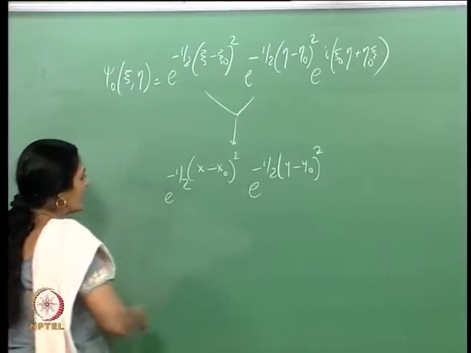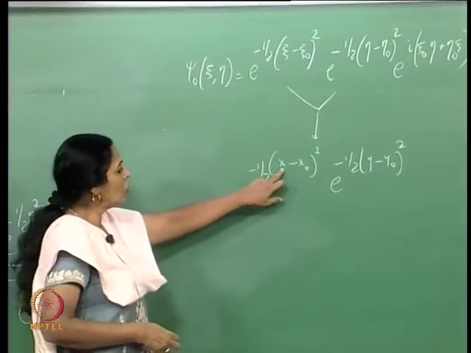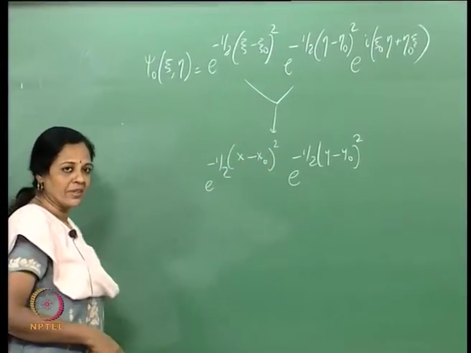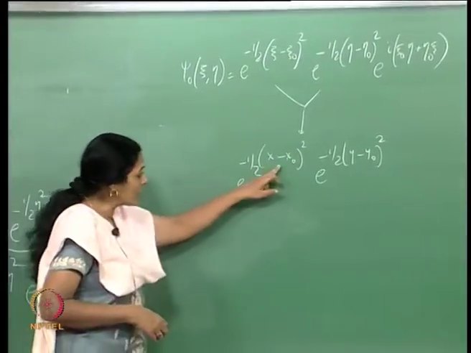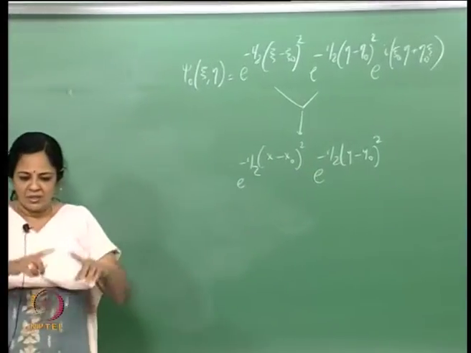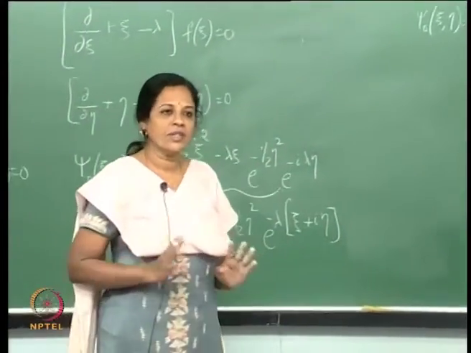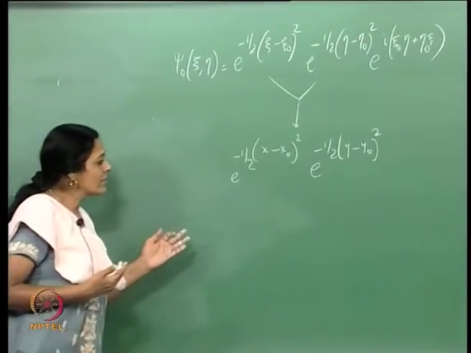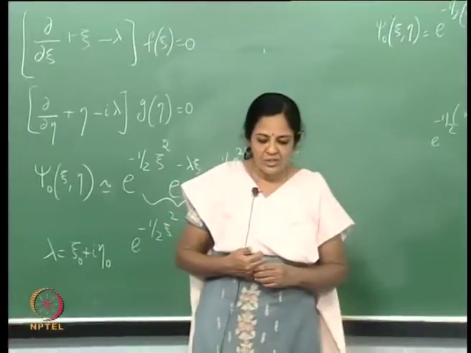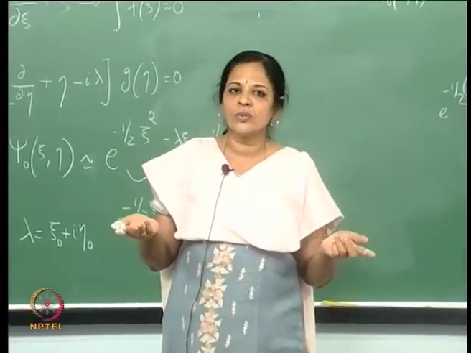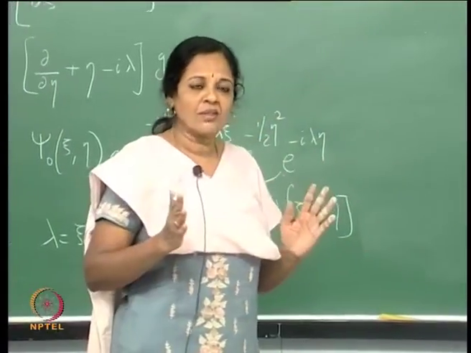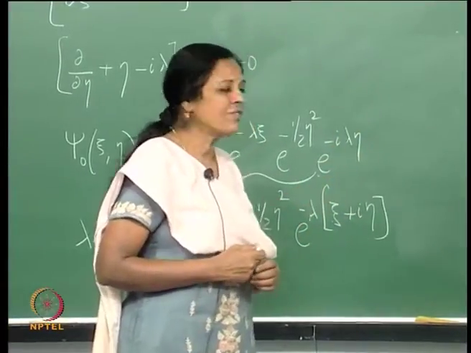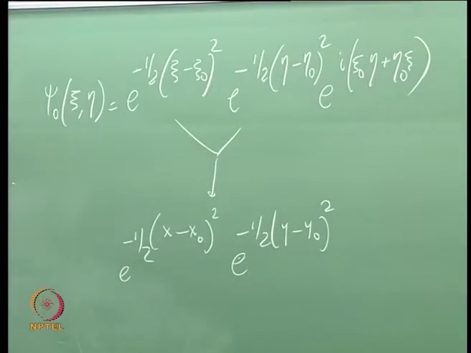So now if you look at the xy plane, the solution only depends on the distance x minus x naught the whole squared, that distance from x naught comma y naught. So there is a circular symmetry that you see in this problem. One would expect it, because I know, for instance, that once I map it onto the harmonic oscillator, as far as the ground state is concerned, it's a Gaussian. This turns out to be shifted by x naught and y naught.